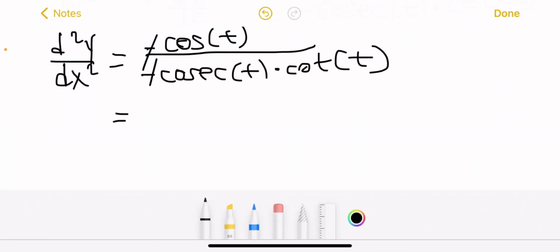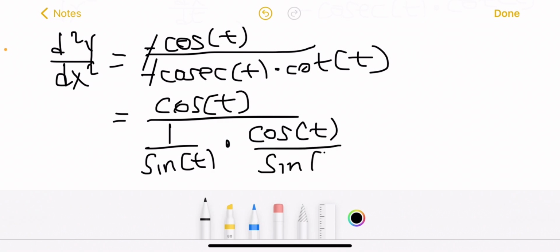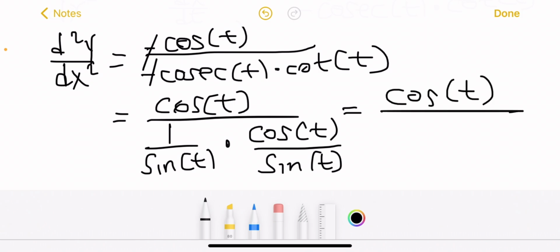So this will be equal to cos of t over what is cosecant of t? It's 1 over sine of t, multiplied by what is cot of t? It's cos t over sine of t. This is equal to cos of t over cos of t over sine squared of t.